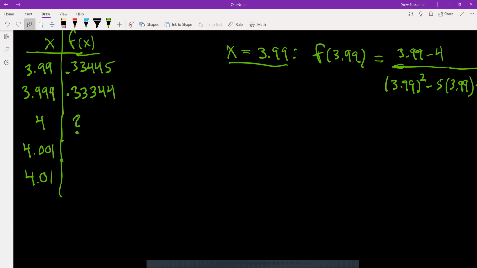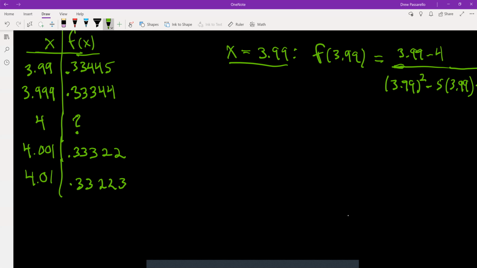Same thing for these last two. You plug them in and see what the output is. This one I get 0.3322, and then this other one, 0.33223. All right, and that's the table.